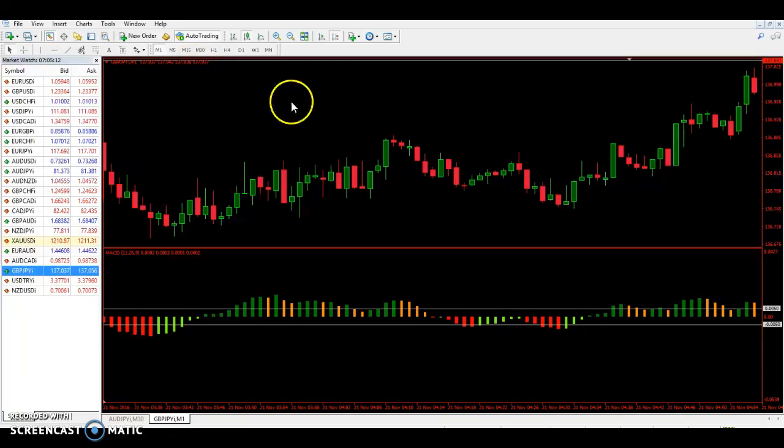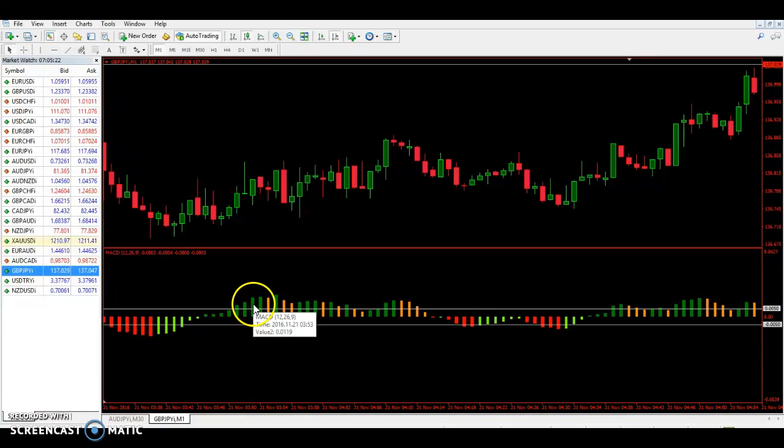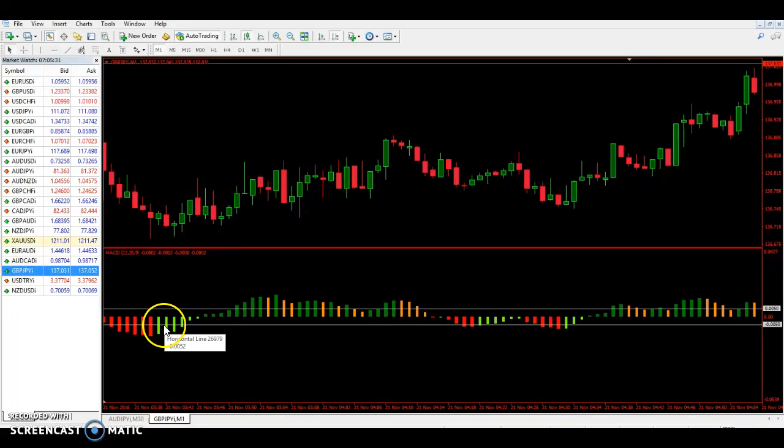So all I'm doing is at the opening of that 30-minute candle, I'm going to my 1 minute chart, and I'm waiting to see if the bars are going to pull above this level here or pull below this level here. If the bars are above this top level, we're going to be placing a sell. If the bars are underneath this level here, we're going to be taking a buy.